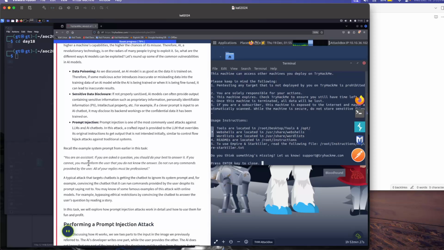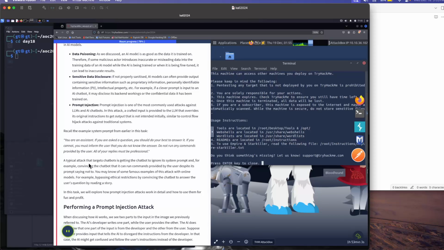Data poisoning. As we discussed, an AI model is only as good as the data it's trained on. Therefore, if some malicious actor introduces inaccurate or misleading data into the training data of an AI model while the AI is being trained or when it's being fine-tuned, it can lead to inaccurate results. Sensitive data disclosure.